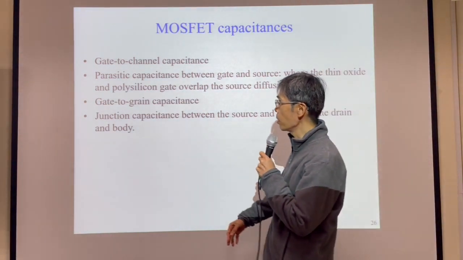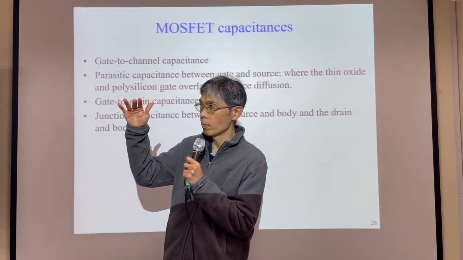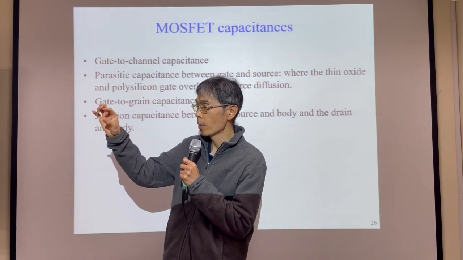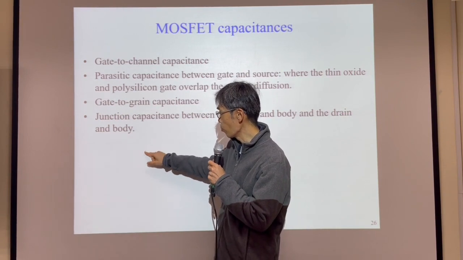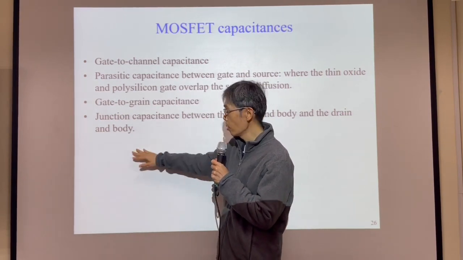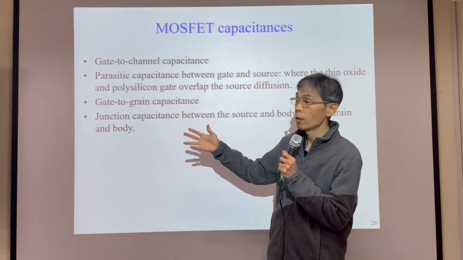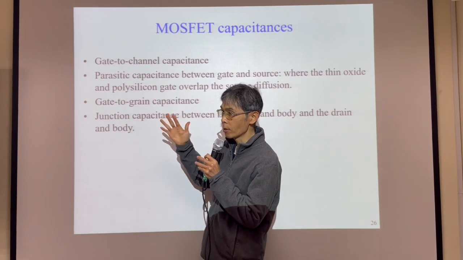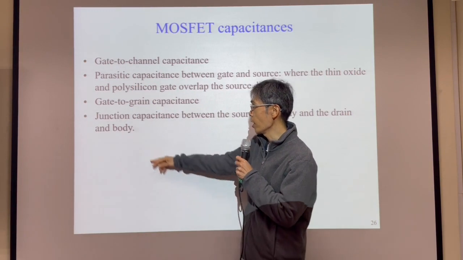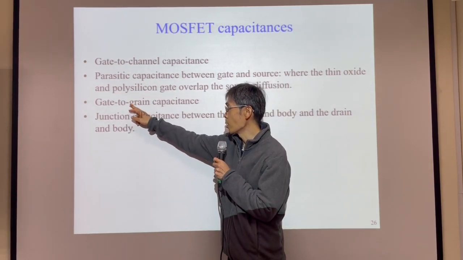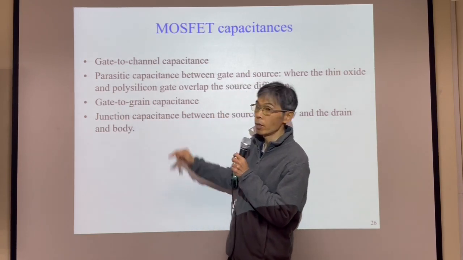Gate is an electrode, source is another electrode, so anyway we have a capacitance. That is not what we want. We call this gate overlap capacitance. Again, this is not G, this is drain, so we get the gate to drain overlap capacitance.